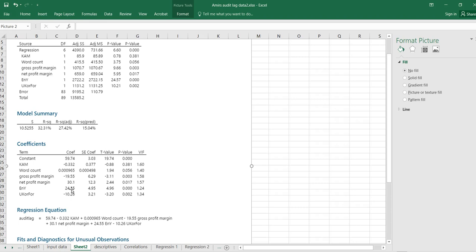Now, that might just be because your sample is small and the number of Ernst & Youngs was small and they happen to be big, long audits. So that's one of the problems of having a small sample, is that you can get results that are difficult to interpret, and it may just be a bit of an accident.